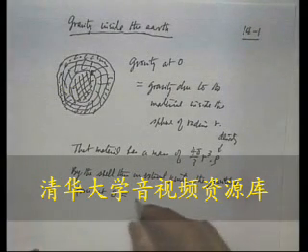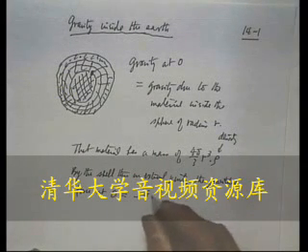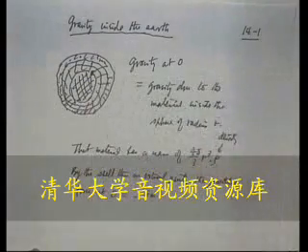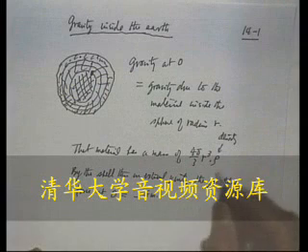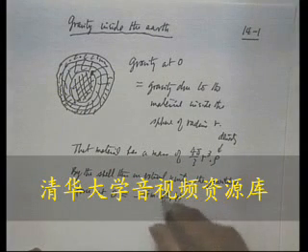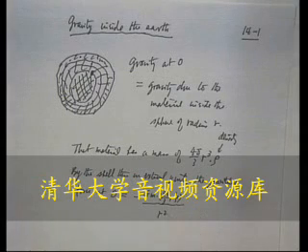So it's equal to minus G times small m, the mass at this point, times this density times this mass divided by r cubed, divided by r squared.